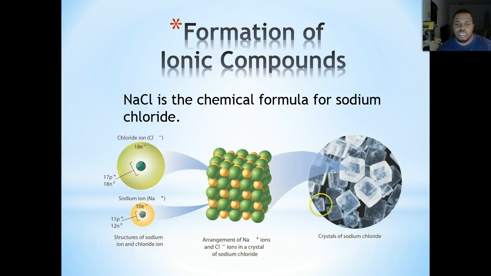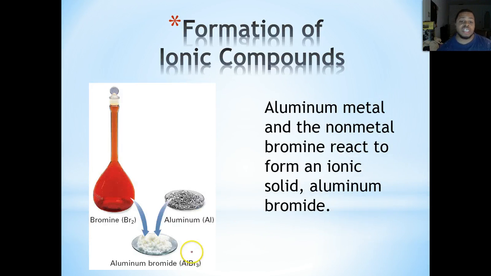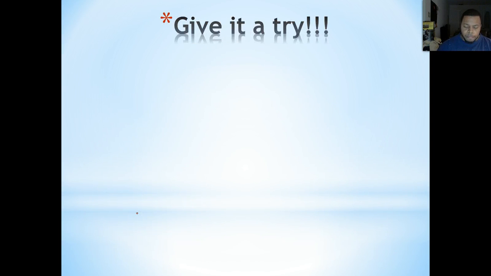That being the case, when we form ionic compounds, it's going to change the structure and the properties many times of the compound. Same thing as what we're seeing here. I have bromine, which is a liquid substance at room temperature, and aluminum, which many times we use as foil. When I put the two together, I end up with this crystalline solid, aluminum bromide. So we're going to look at how these will be changed just a little bit.